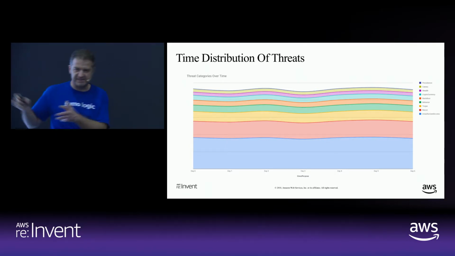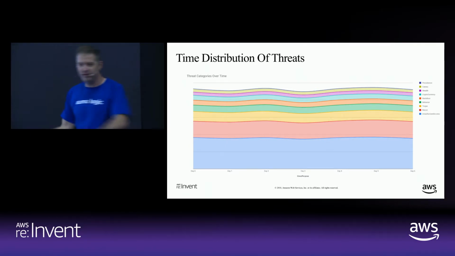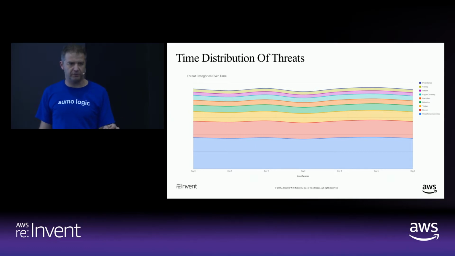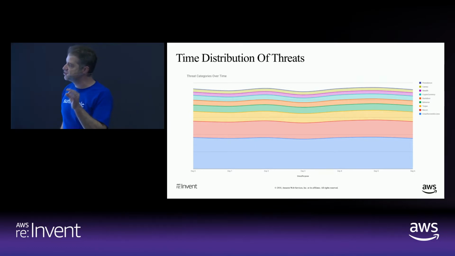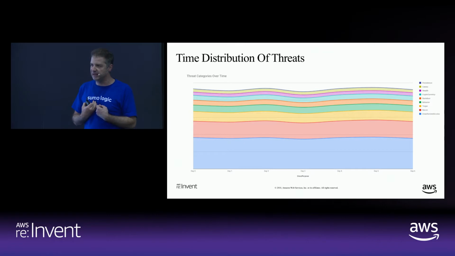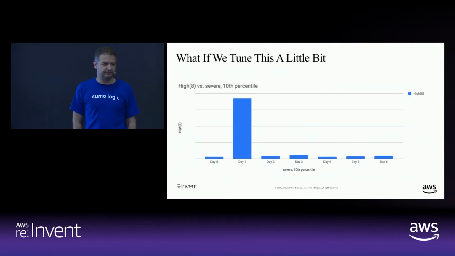If I take this data and I strip away everything but high severity events, and if I also strip away everything that is not rare, and because we see thousands of accounts, we actually know what's rare, right? We can find those rare events that occur very infrequently. And when you do that, this is what you get, okay?